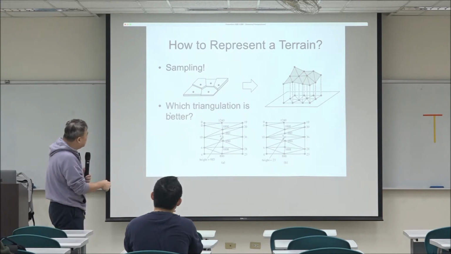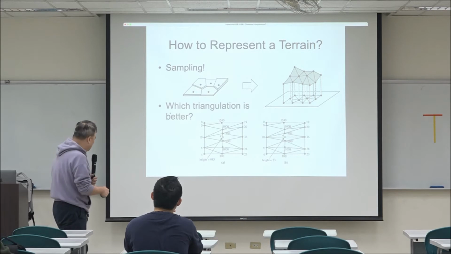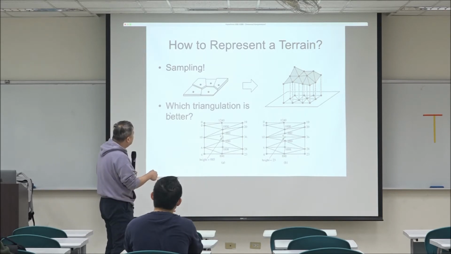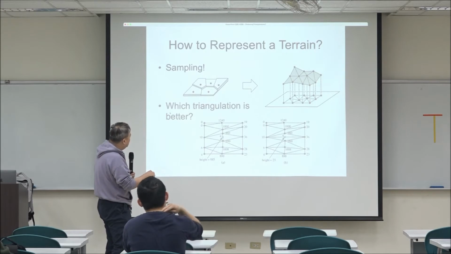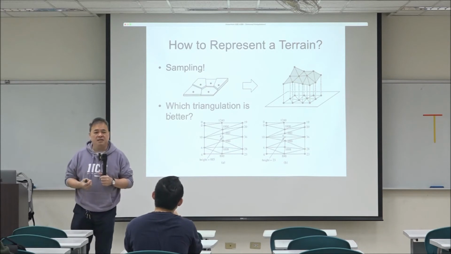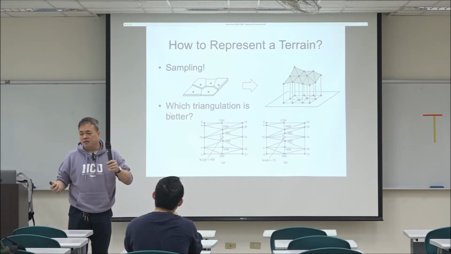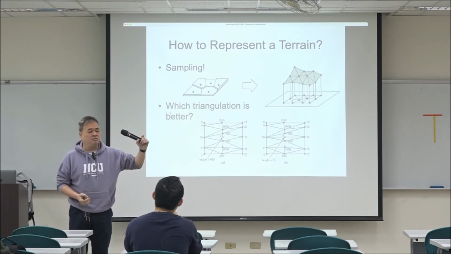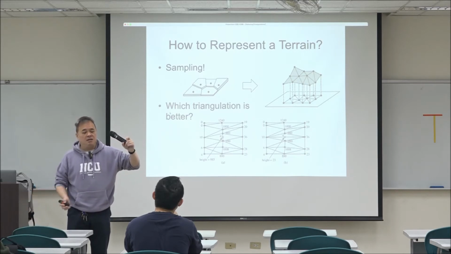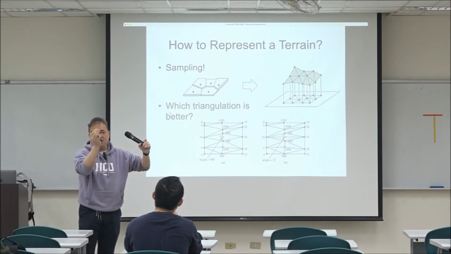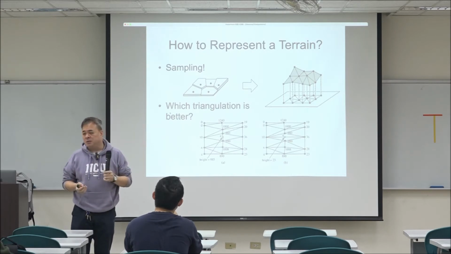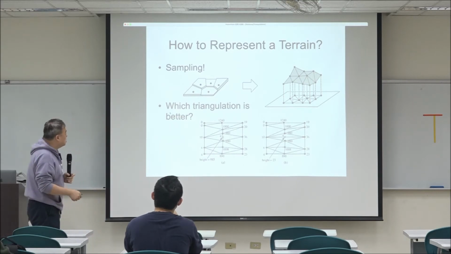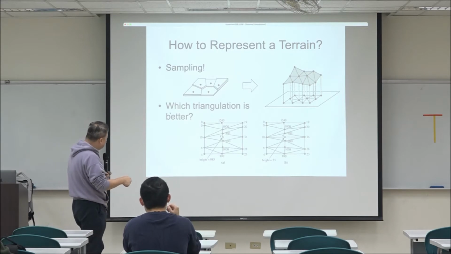Instead, the height in between these 2 points will be computed by interpolation, right? This is very easy. That place is 100 meters, this place is 0 meters, so in the middle the height should be 50, right? It's a very easy way to estimate the height.